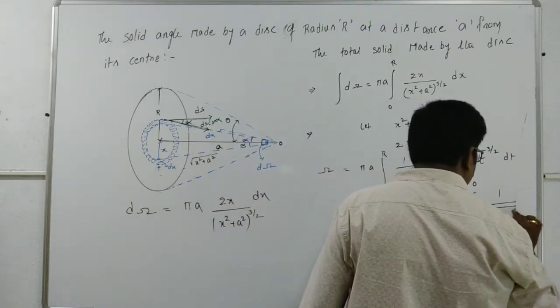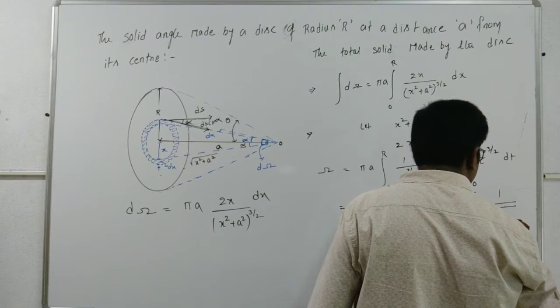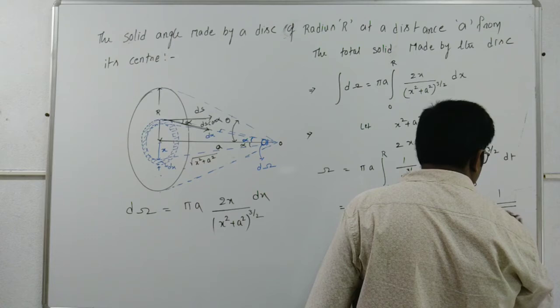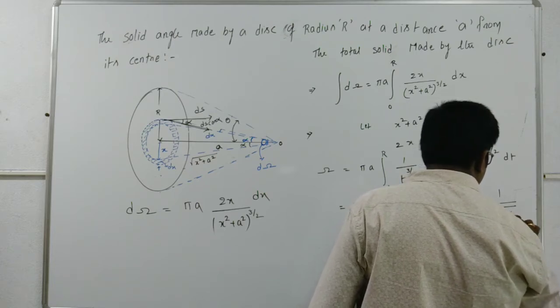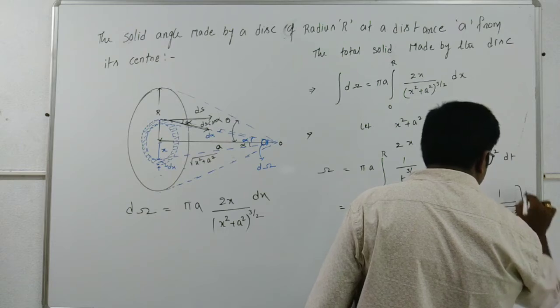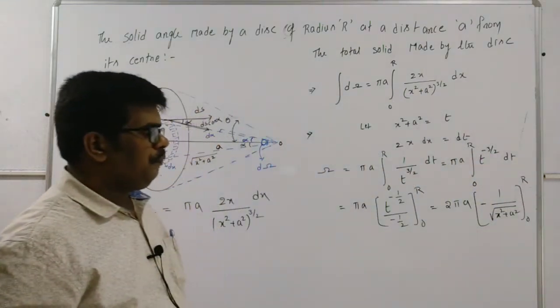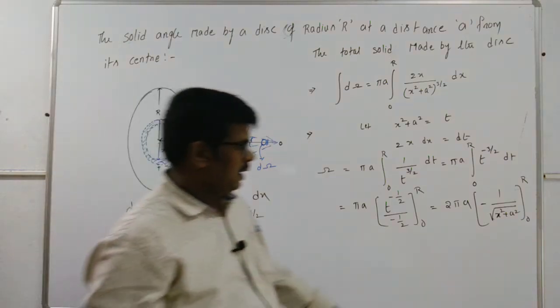So for root t, in place of t I am writing x square plus a square. Anyhow both are the same. Limits are from 0 to r. Here the minus sign is there, you observe.